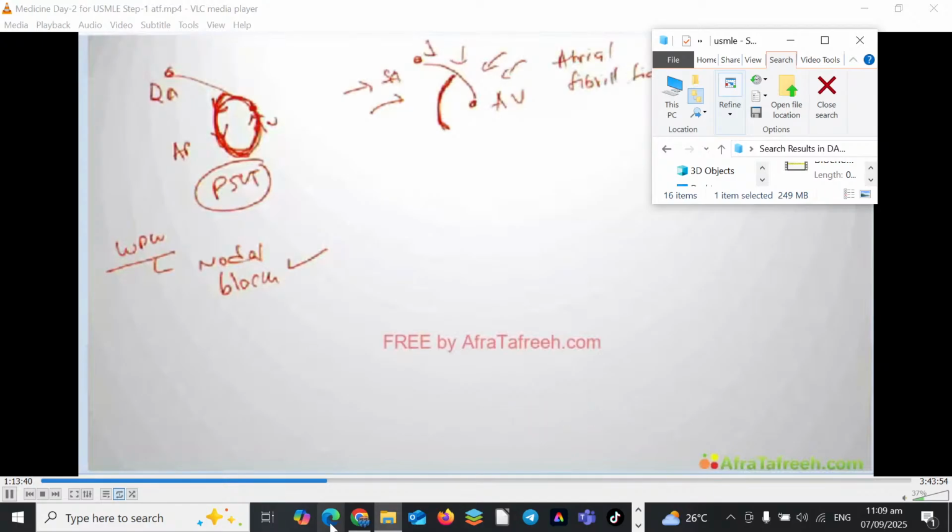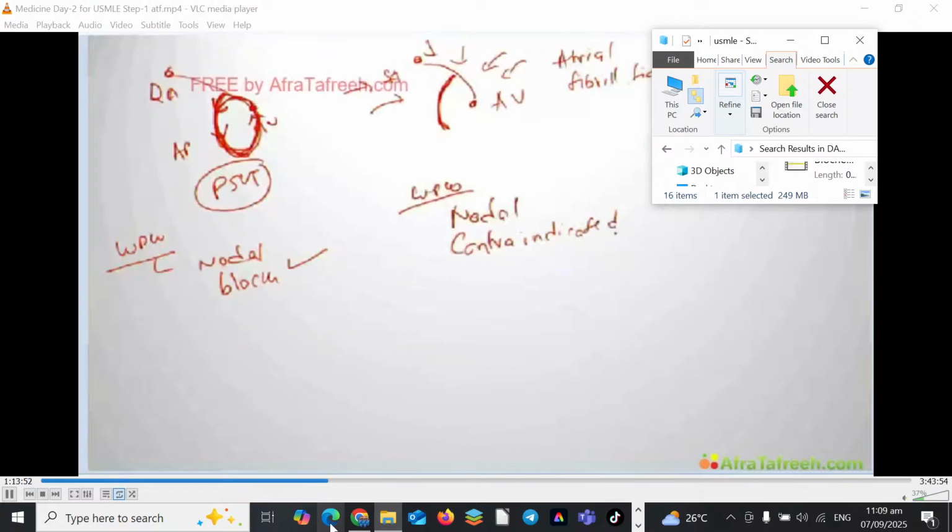In this condition, in WPW syndrome, nodal blockade is contraindicated. Is this much point clear?